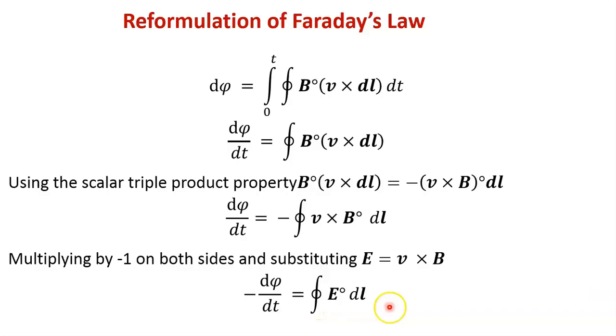This is nothing but the induced EMF. So this portion, minus d phi by dt, is the differential version of Faraday's law, which is representing induced EMF, and on the right hand side we have line integration along closed loop E bar dot dl bar. This also represents induced EMF in the circuit.